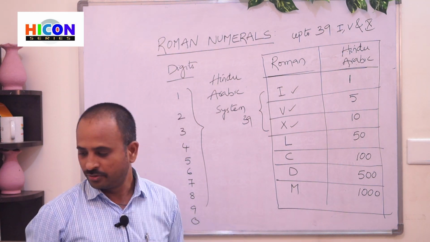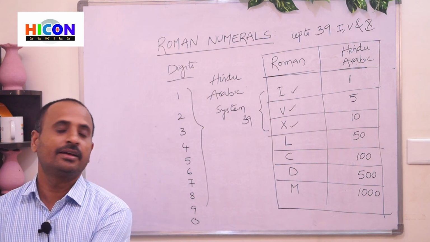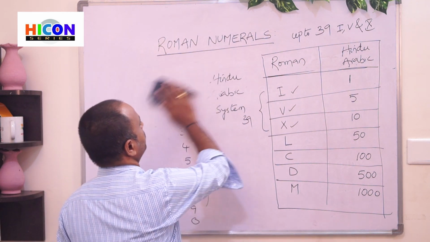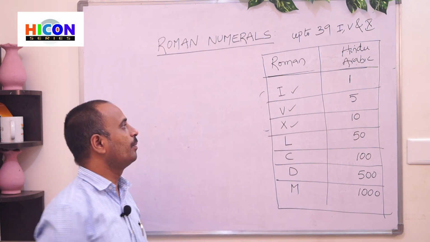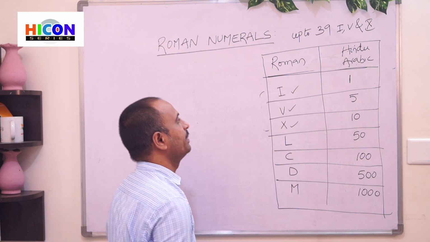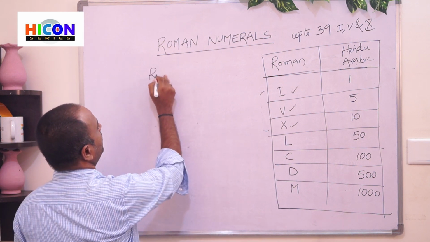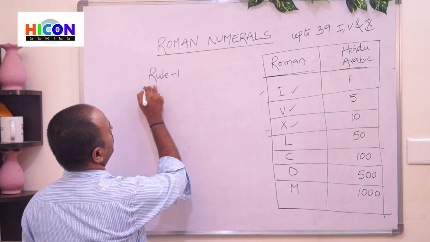So what are the rules we have to use while writing in the Hindu-Arabic system? There are some rules while converting Roman numerals into the Hindu-Arabic system. The first rule is rule number 1.